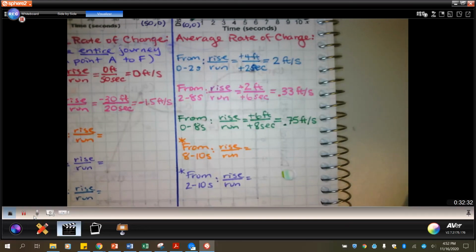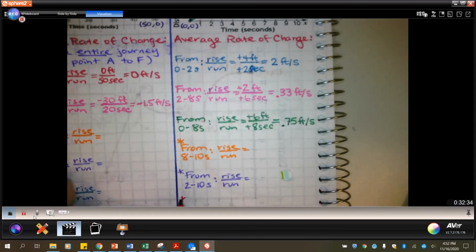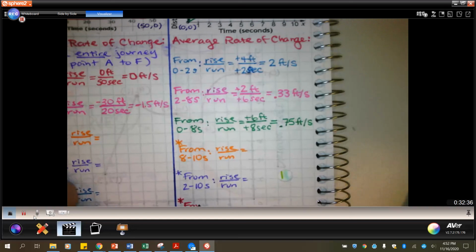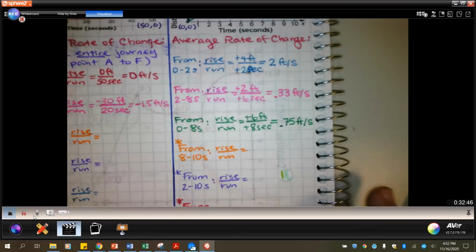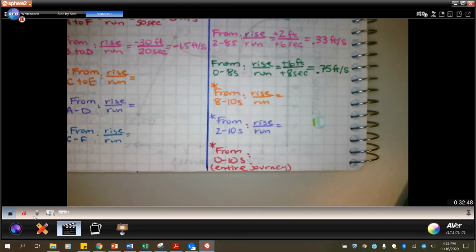And you probably guessed it, the last one from 0 to 10 seconds, which would be considered the entire journey, if you remember that terminology. When they say the entire journey, they mean the whole time span.